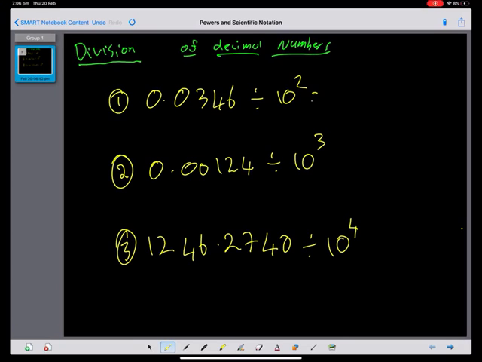Okay, so hopefully you've worked these out. So that is really divide by 100, because 10 squared is 100. So we need to rewrite this 0.0346, and the decimal point jumps 2 spaces, 1, 2.